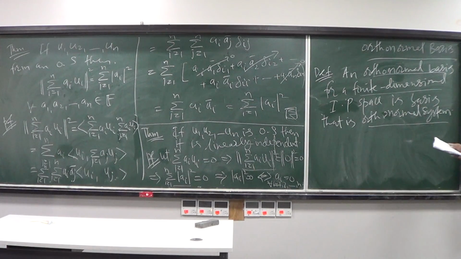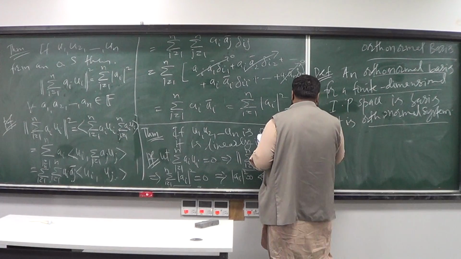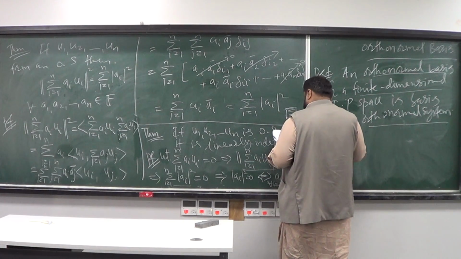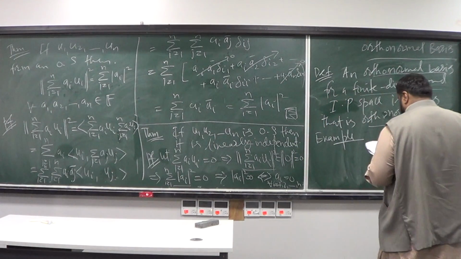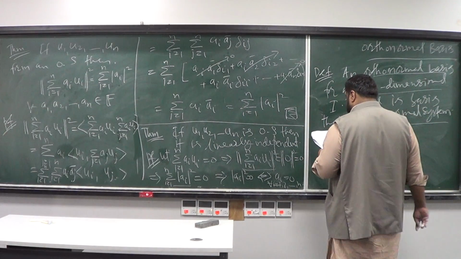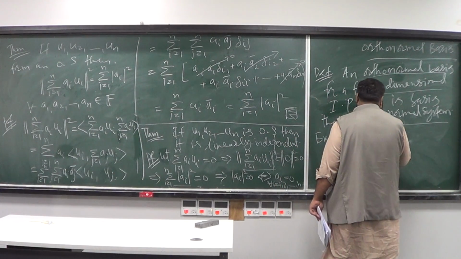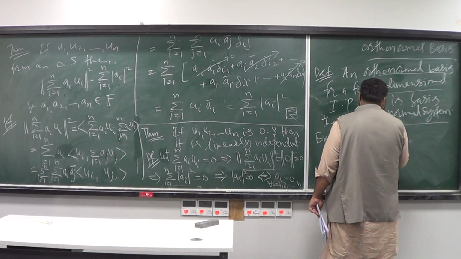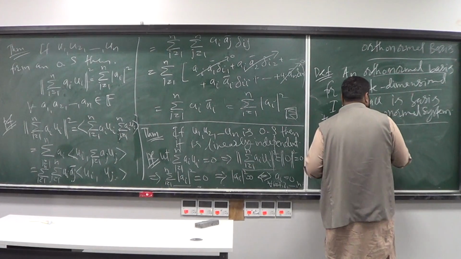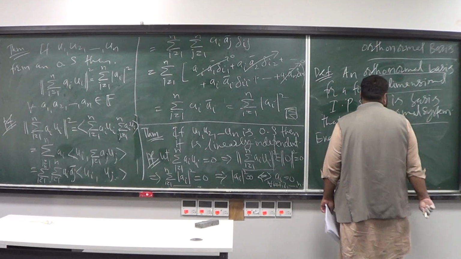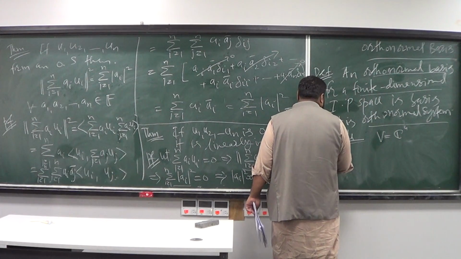So here are some examples. Consider a vector space, say C4, and consider the following vectors.